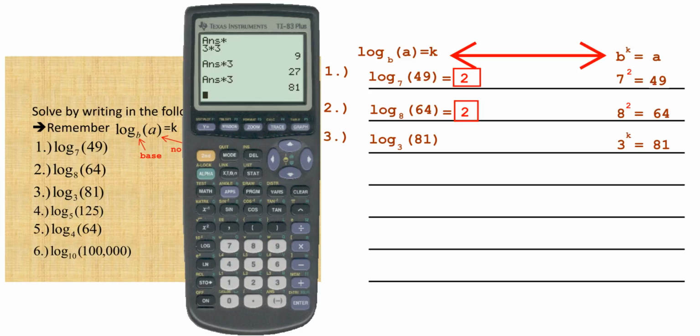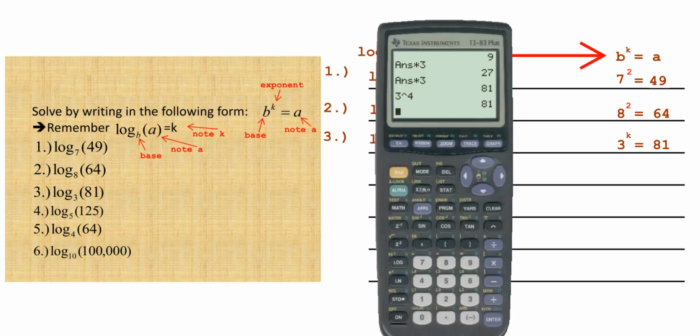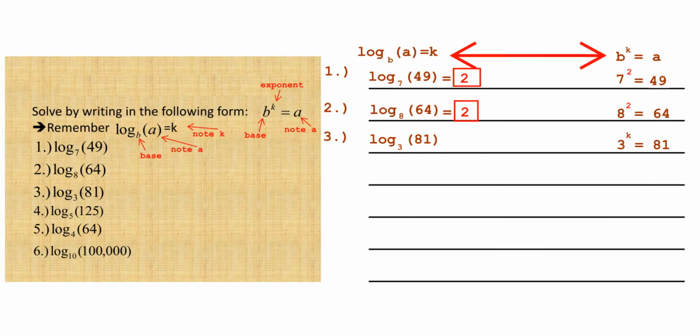How many times was that? 4 times, you say? So let's try it out. 3 caret 4 will give us 81. Definitely. So let's write our answer then. 3 to the 4 gives us 81, and likewise, log base 3 of 81 equals 4. There must be an easier way to do this, right?